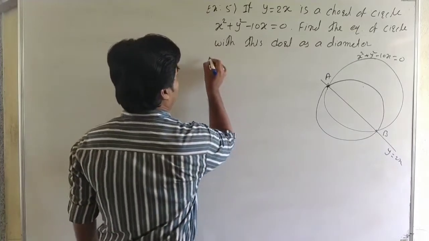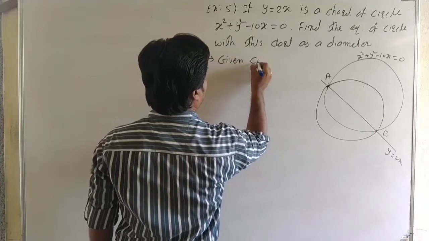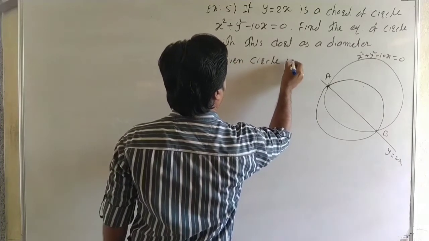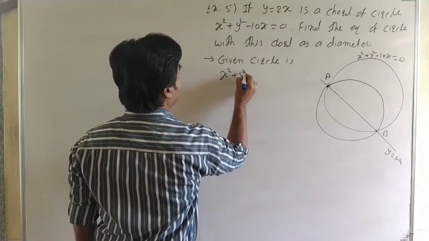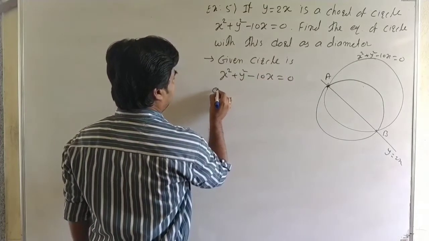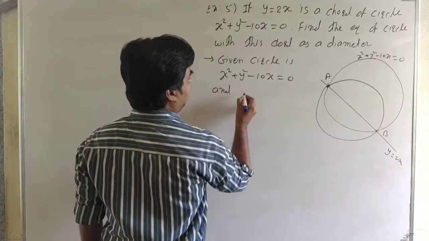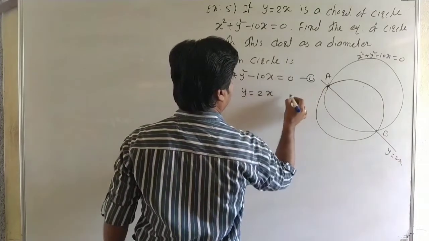Okay, here given circle, see carefully, it is x square plus y square minus 10x is equal to 0, and here y is equal to 2x. Suppose it is equation number 1 and it is equation number 2.